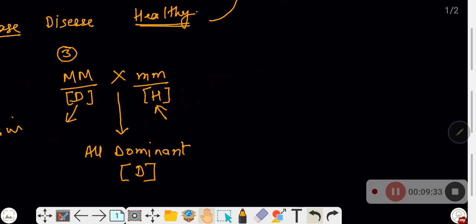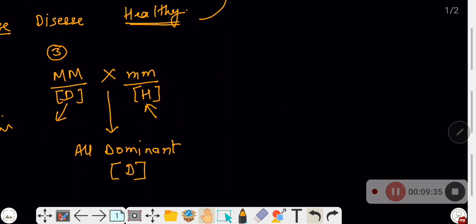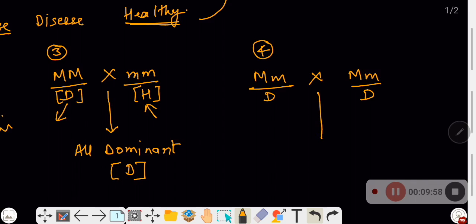Now we look at the fourth case of the cross, where a heterozygous is crossed with a heterozygous, like the F1 selfing. If you remember from the monohybrid cross, the F1 selfing, since it's heterozygous dominant, their phenotype will be diseased.